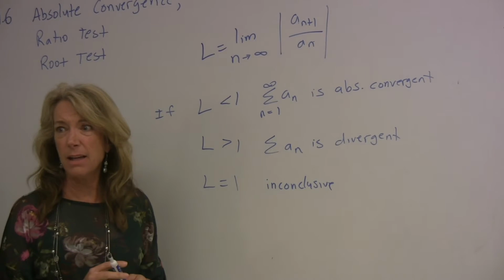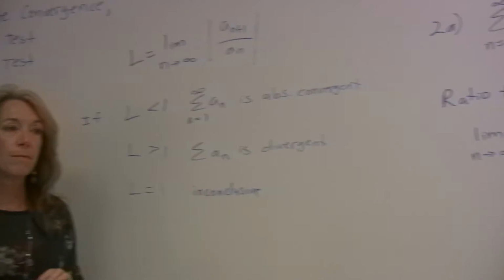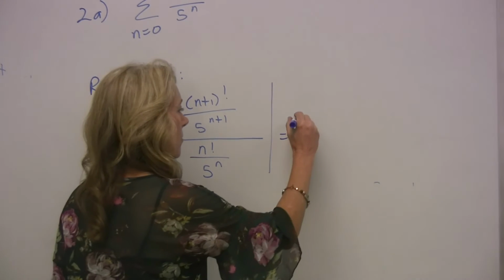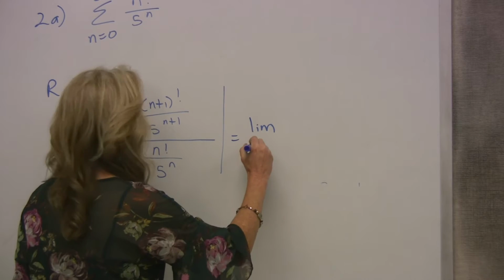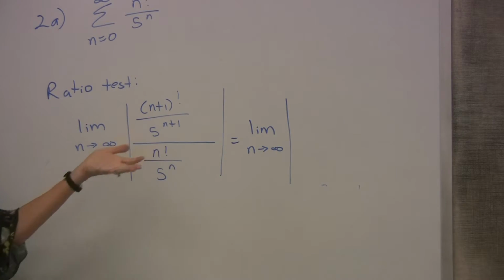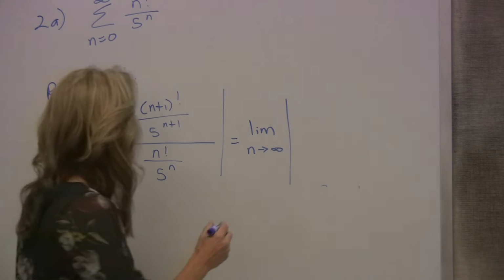How can I simplify that? I have a fraction divided by a fraction. Yeah, flip the bottom one over and multiply. Let's at least get rid of one fraction.